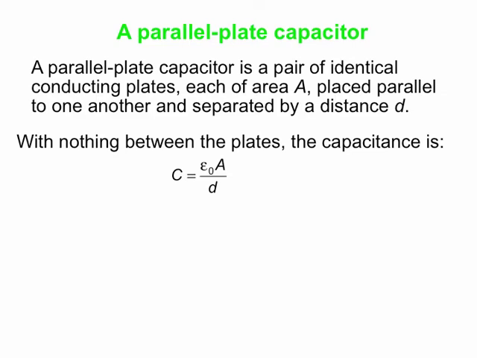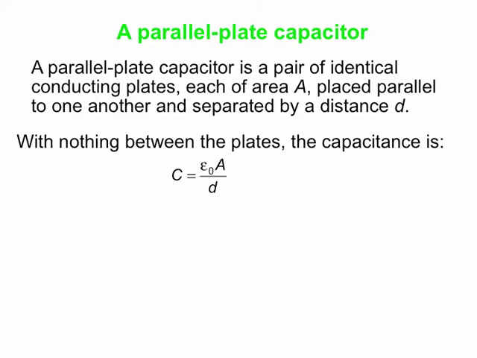So one plate will have positive Q, the other plate will have negative Q. We say the capacitor stores a charge Q in that case, even though the magnitude of the charge on each plate is Q. Okay, so really it's pumped minus Q worth of electrons from the positive plate over to the negative plate. So there really is an amount Q of charge that has been transferred from one plate to the other.